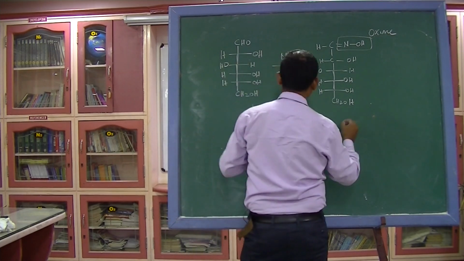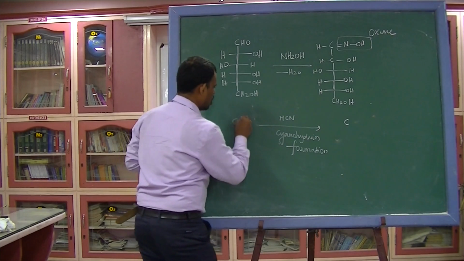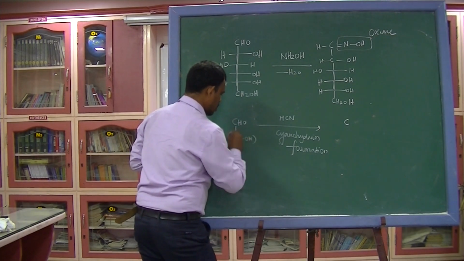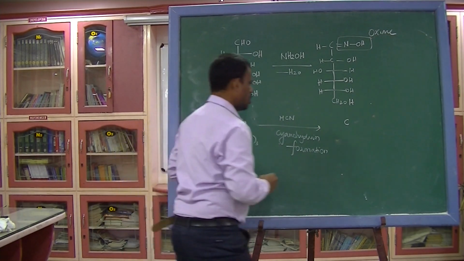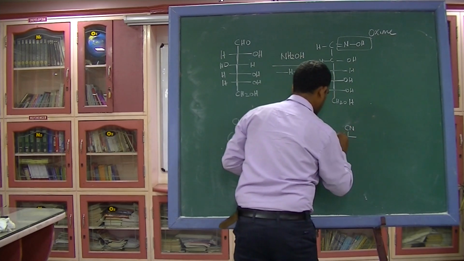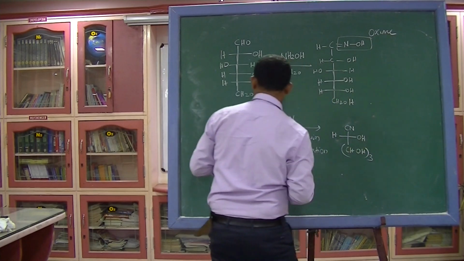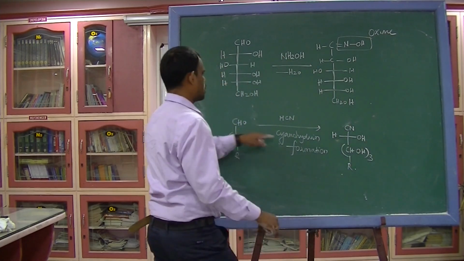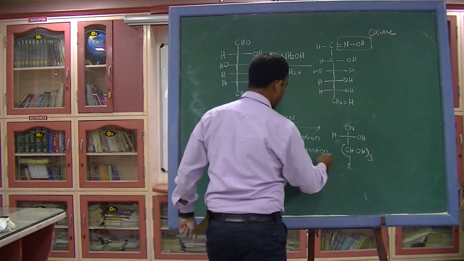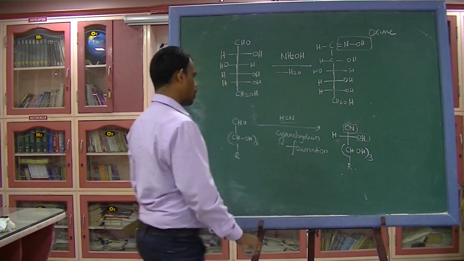For example, RCHO plus HCN, what will you get? You will get cyanohydrin. So if you treat with this HCN, this leads to cyanohydrin. Cyanohydrin: hydrin means OH, cyano means CN. So this leads to cyanohydrin formation.